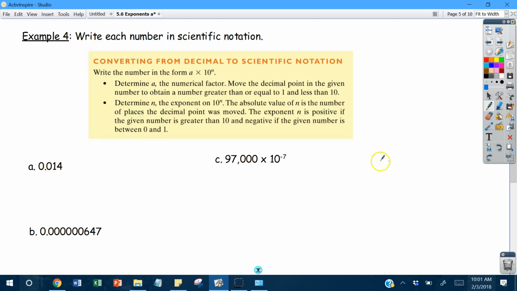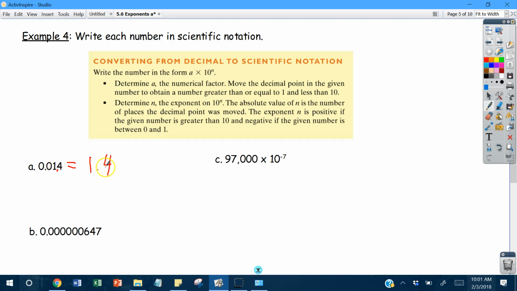Now we can also use scientific notation to tackle really small numbers, so numbers with decimals and like a bunch of zeros before the number. And we'll do it in a really similar way. So here I see a decimal and a 0 before the 14. I'm going to take this 14 and write it as some number between 1 and 10. Let's write it as 1.4. In other words, I'm just kind of sticking the decimal right here.